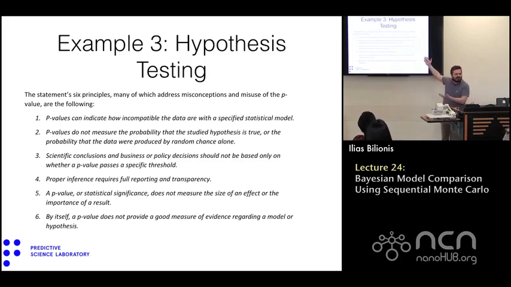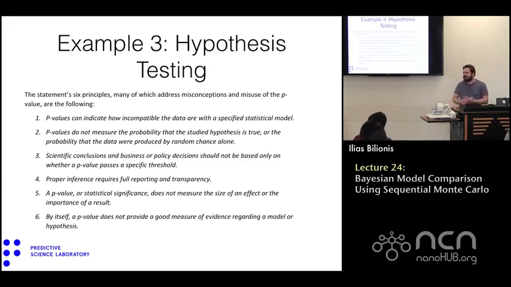So, what's the conclusion? P-values should not be used. At least not on their own, not for making important decisions, not for saying I discovered something. I don't have a slide for this, but you can Google that and figure out more about it.